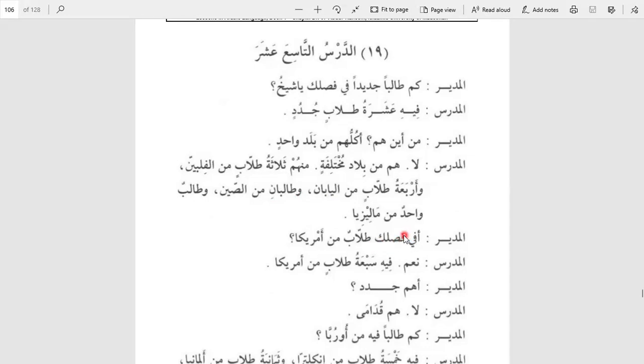So it means this is khabarun muqaddam, shibhu jumla khabarun muqaddam, because it begins before the mubtada, and tulabun becomes mubtada muakhir, and min Amrika is jarun wa majrurun.